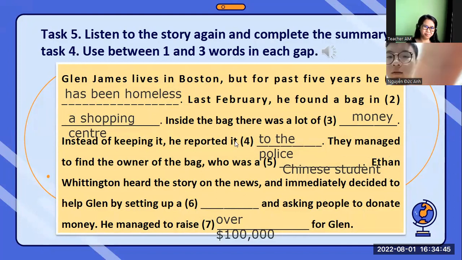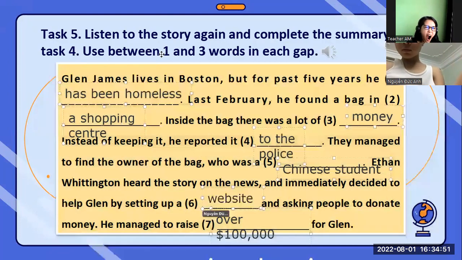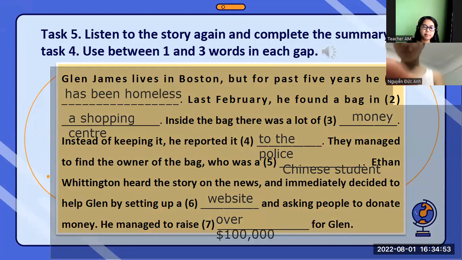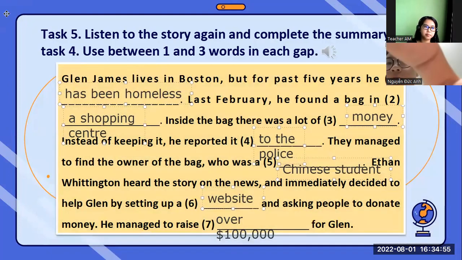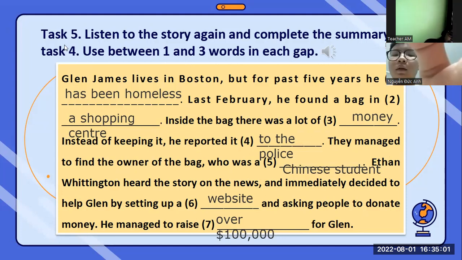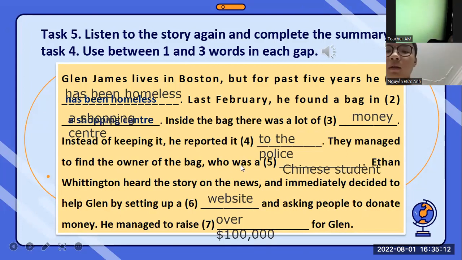Question six is: Glenn James lives in Boston. For the past 5 years he has been homeless. Last February, he found a bag in a shopping center. Inside the bag there was a lot of money. Instead of keeping it, he reported it to the police.